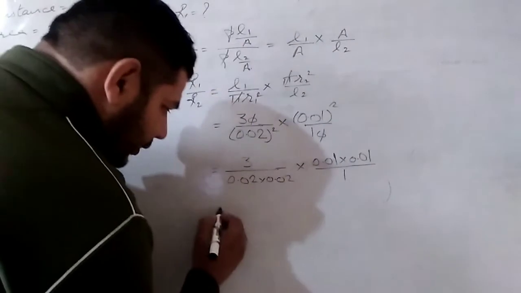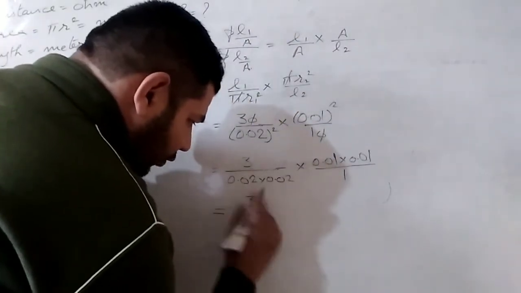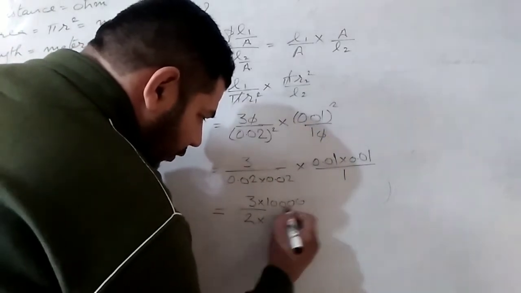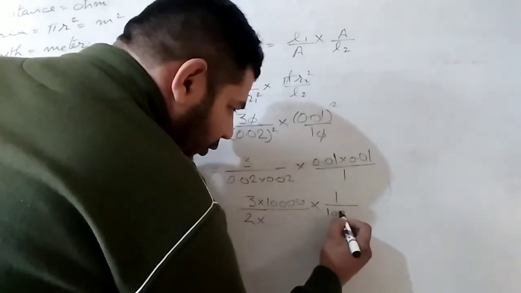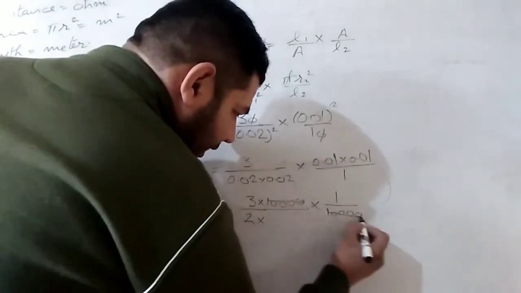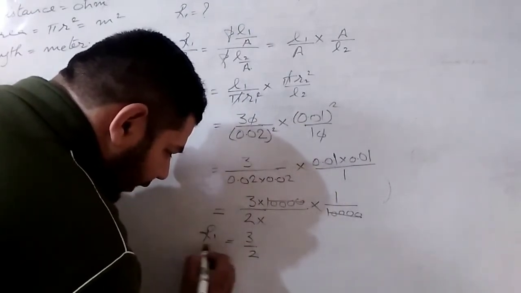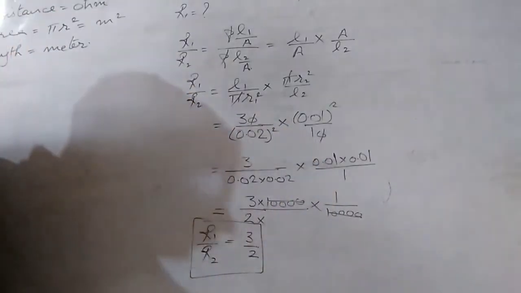So this is equal to 3 upon 2 into 1, 2, 3, 4, 1, 2, 3, 4 into 1, 1, 2, 3, 4. So this gets cancelled out. So we are getting R1 by R2 as 3 by 2.